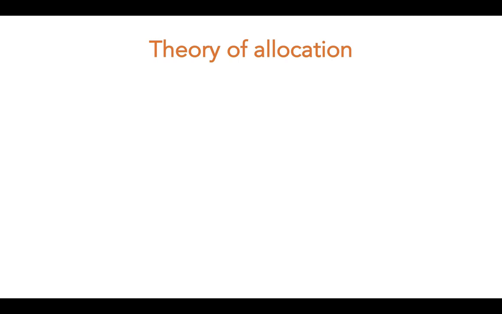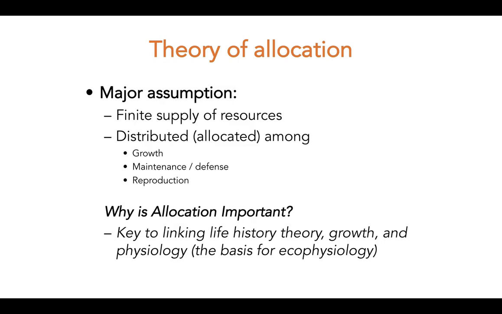Okay. So let's try to sum up a little bit about a theory of allocation. A major assumption that goes into our understanding of this negative association between fecundity and survivorship, but in particular in terms of linking that to allocation patterns and differences in biodiversity according to what we see in differences in allocation, is that ultimately resources are in finite supply.